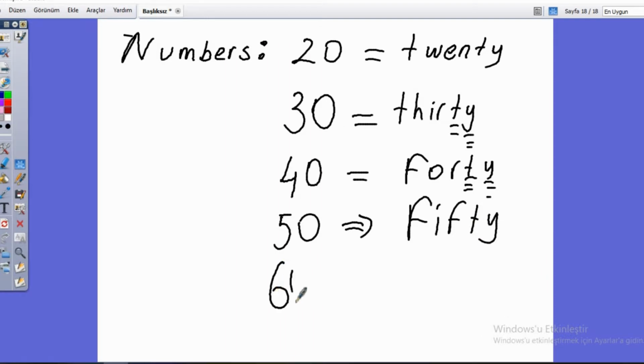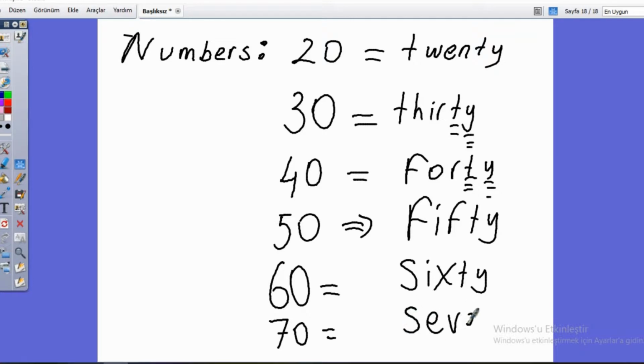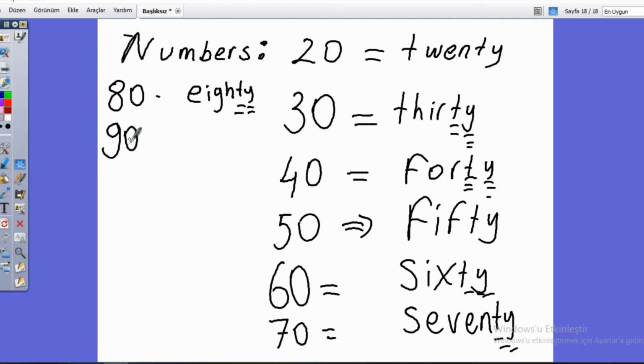The next one, 60, 70, 80, again TY, ends with TY, and the next number is 90, and the last number is here, 100.